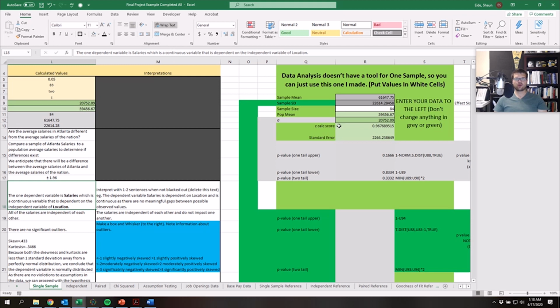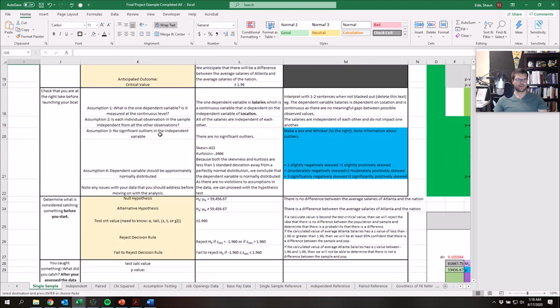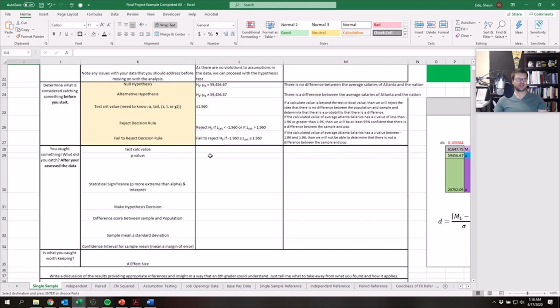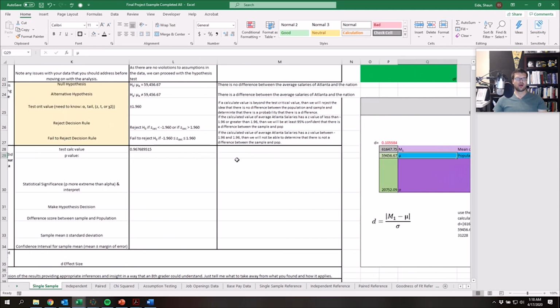Coming down here, we are going to press Control C and put the z-calc score. Oh, it's already right there. Or we can press Control V and paste just the values, which is 9.67. So there's the calc score.